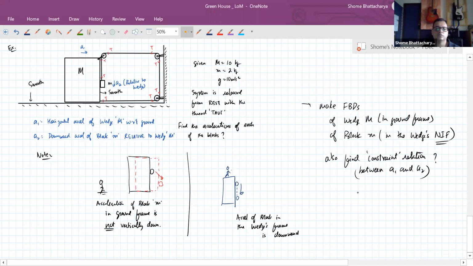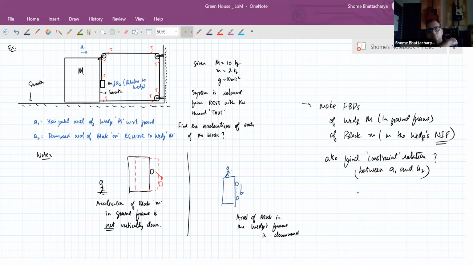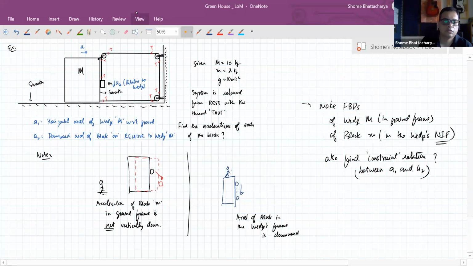You have to do that also before you solve. So constraint relation you can get from thread length conservation here, because there's a single thread, so thread length conservation is very easy. So you can just try this out based on this now.